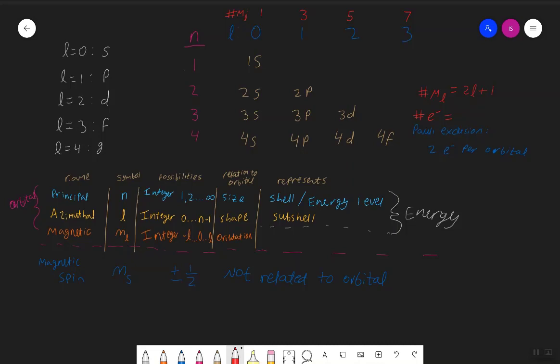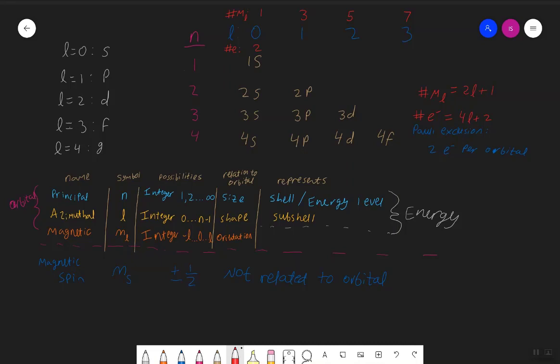Well, it's just double the amount of ML, because for each ML you can have 2 electrons. So this would be 2 times 2L plus 1, or 4L plus 2. Okay, so notice, if I wanted to write how many electrons each of these could have, an s orbital could have 2 electrons.